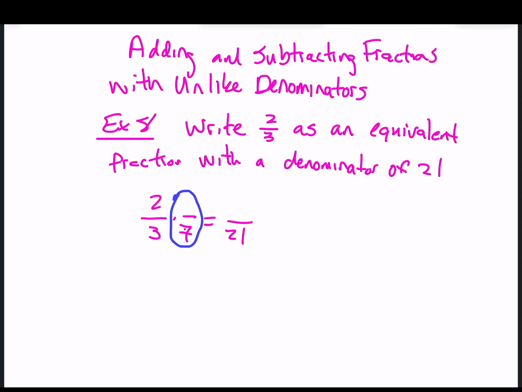Well, that means the numerator and denominator have to be the same. So that would be 7 over 7. So 2 times 7 gives us 14. So 14 over 21 is equivalent to 2/3. Okay, so that helps us change the denominator of a fraction to something that we can use.